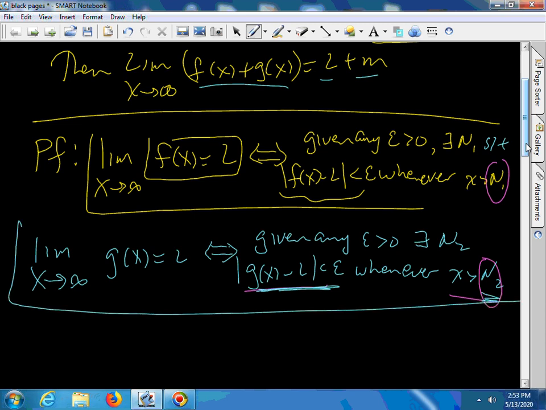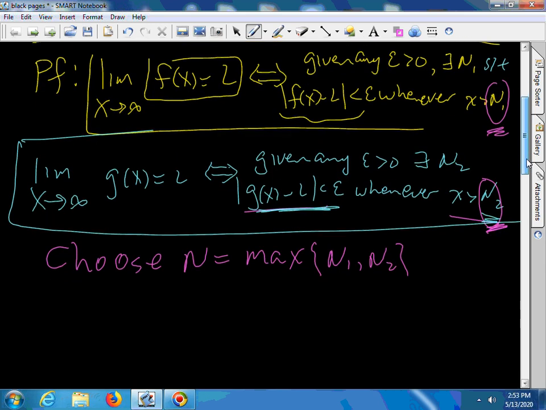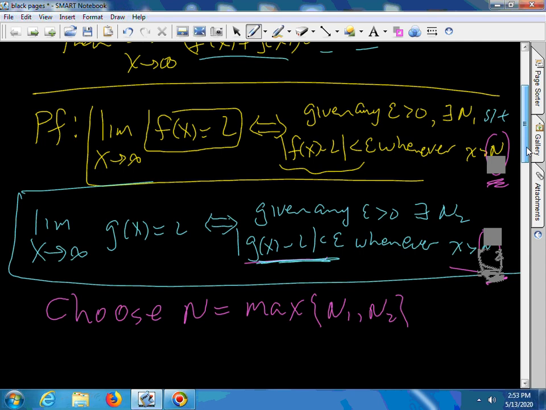Let's box this in blue. So now, we're going to choose n to equal the max of n1 and n2. So one of them will stay the same, and the other one will get bigger.